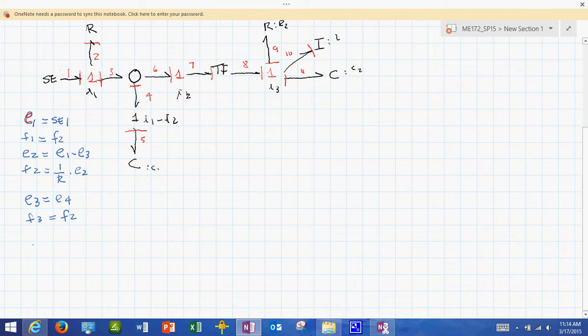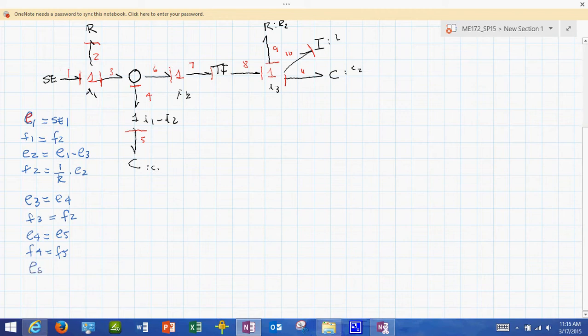And then you have E sub 4 is equal to E sub 5, and F sub 4 is equal to F sub 5. That's why this could be simplified here and here. Two simplifications we could make.